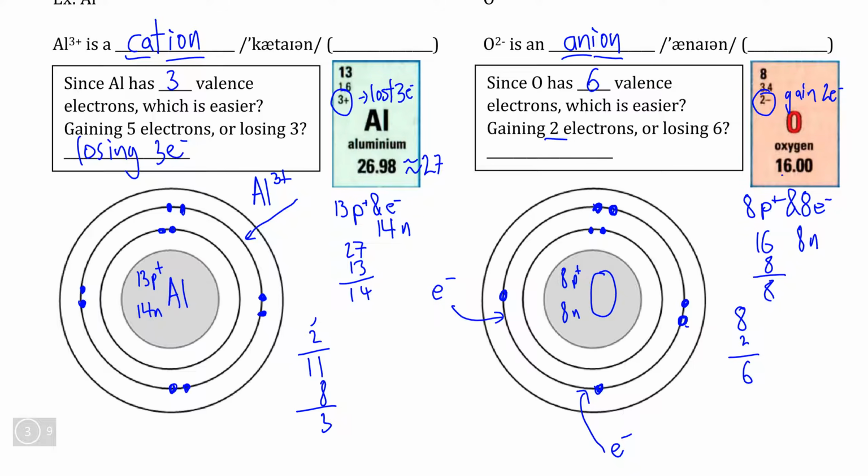Well, 2 is a smaller number than 6, so that sounds easier for it to do. So if oxygen takes 2 electrons from another element like this, we can give it a full valence shell, and because it's gained 2 electrons, we would write it as O with a -2 charge.